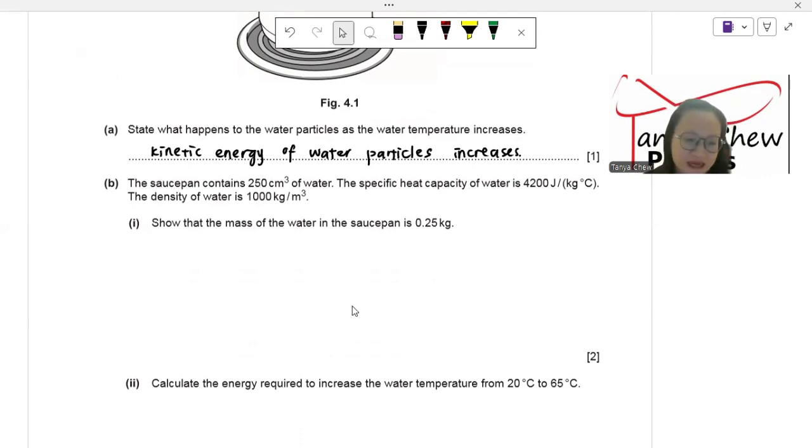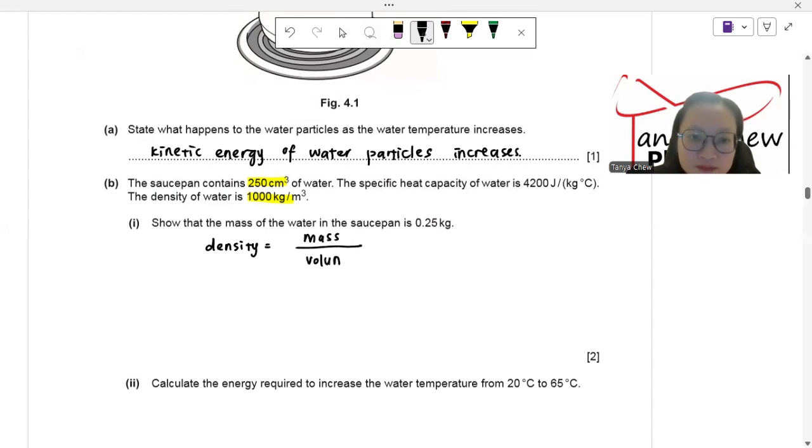When you see this kind of question and the marks given is only 2 marks, look at the information given: they give you the volume and the density. To find the mass, you use a simple equation, density equals mass per volume. That is why mass equals density multiplied by volume.